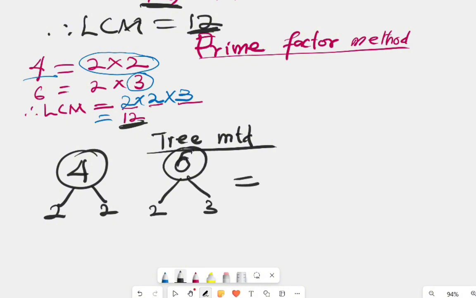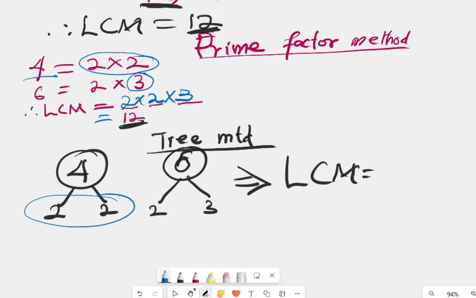What you do next is LCM is equal to, where do we have the highest numbers of 2? We have the highest numbers of 2 here. We have to take all, which is 2 times 2. And we have the highest numbers of 3, which is only one 3. We add it, which is 3, which gives us 2 times 2, 4. 4 times 3 gives us 12.